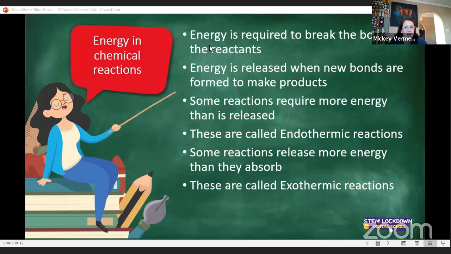So again, if I have to put more energy in than I get out, the solution or the beaker becomes cold, and it's called an endothermic reaction. If I get more energy out, then the beaker becomes hot, and it is an exothermic reaction.